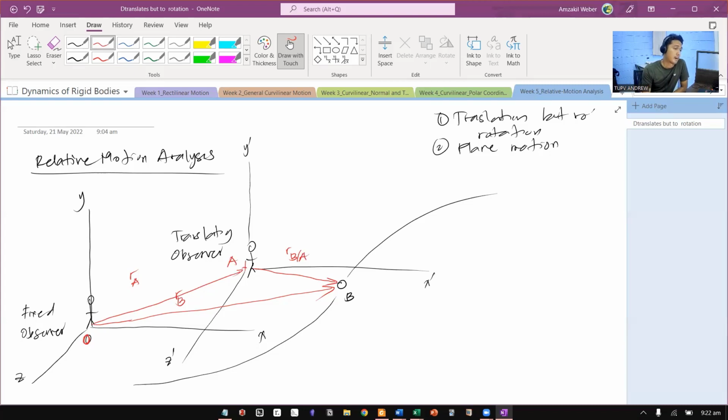RA and RB are absolute positions, and if there is no /A, just /O, for instance, it means these are positions that are referred to the fixed reference frame. So it is understood that RA/O, RB/O mean they are referred to the origin at O. It just means that absolute is only position.